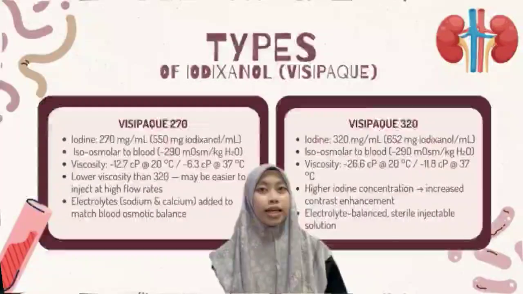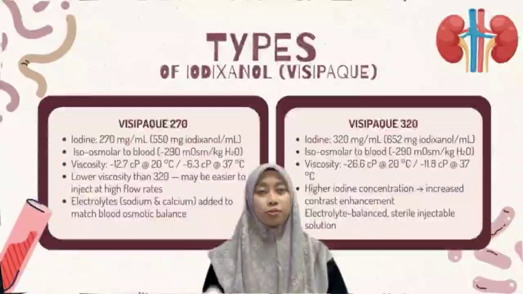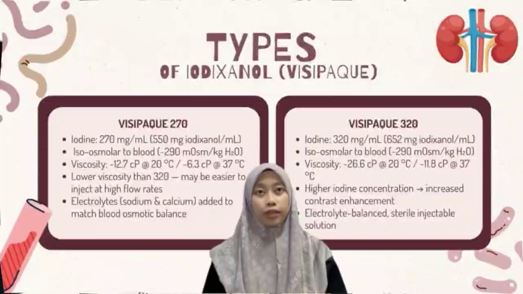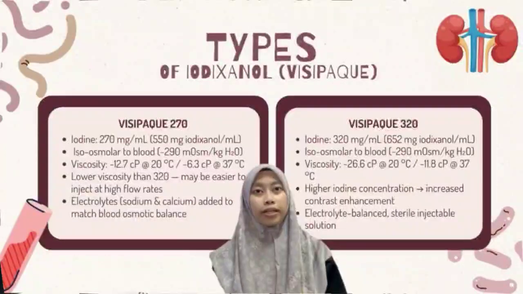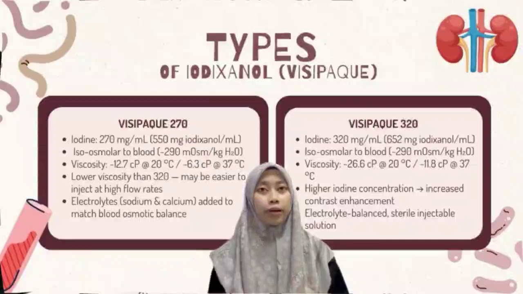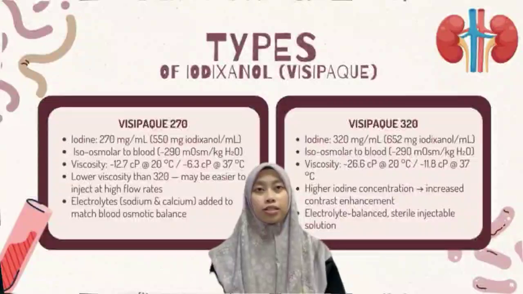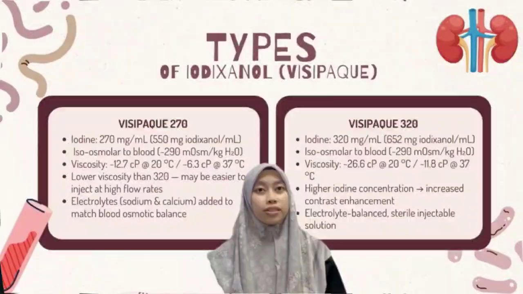Visipaque 270 has a lower viscosity compared to Visipaque 320, making it easier to inject, especially at higher flow rates. Electrolytes such as sodium and calcium are added to maintain osmotic balance with blood.